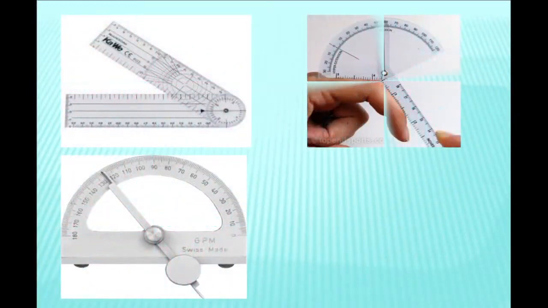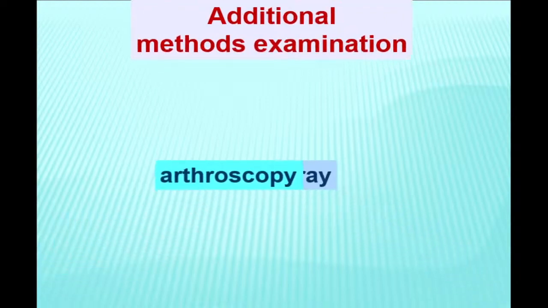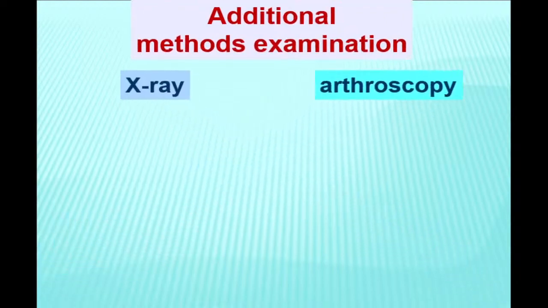More objectively, we'll check functional activity with a specific instrument, the goniometer, when we measure the activity of the joints, how they may be flexed or extended in different directions, and characterize results with an angle. Additional methods of examination.